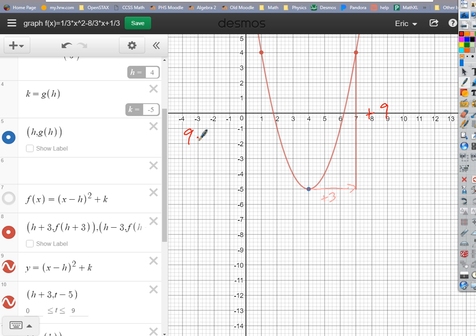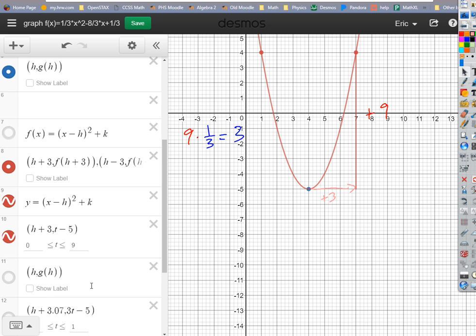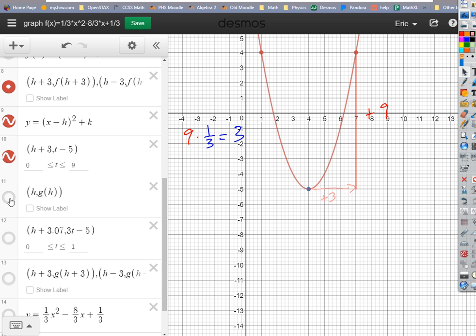So 9 times 1/3 equals 3. So now we should only go up 3 instead of 9. There's up 3. So that's where my points are going to go.